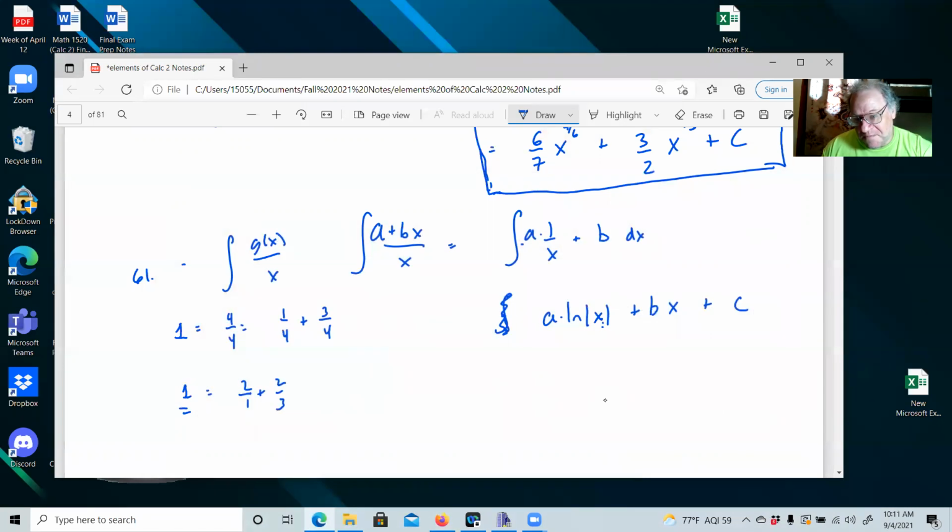So since we know that x is the population, we give you something like a ln x plus b x plus C, this is our population, and we might put here x greater than 0, simply so that you have to have positive numbers.